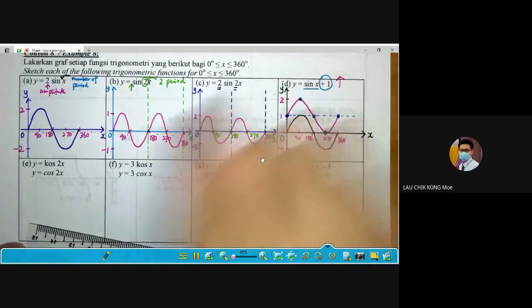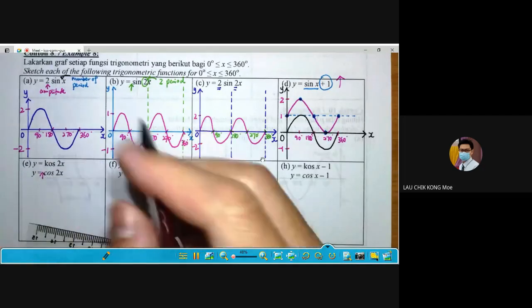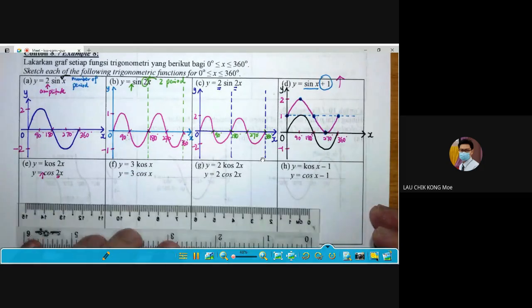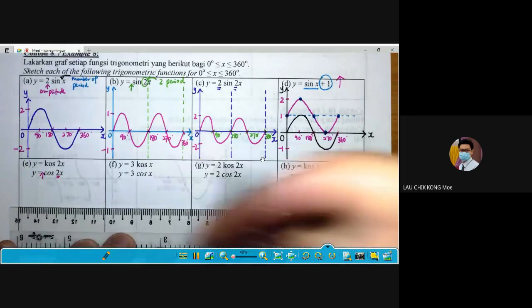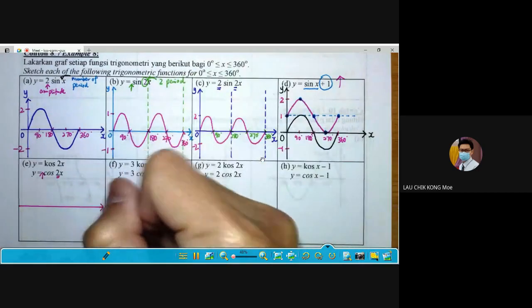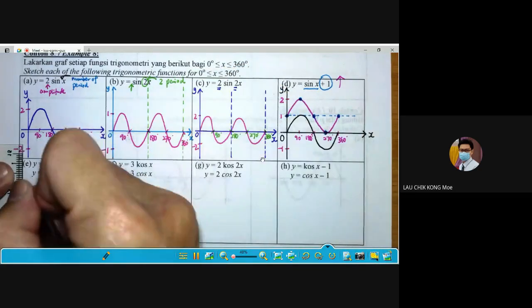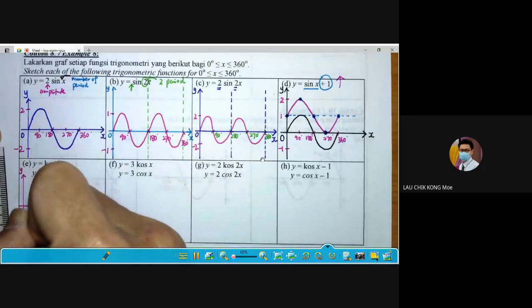Okay, we go to E now. This is cos 2x. If you look at cos 2x, the amplitude is 1, but the period is 2, the number of periods is 2. Same as before, we try to draw the x-axis and y-axis first. Use a ruler for the x-axis, and then this is the y-axis. 0 in the middle.